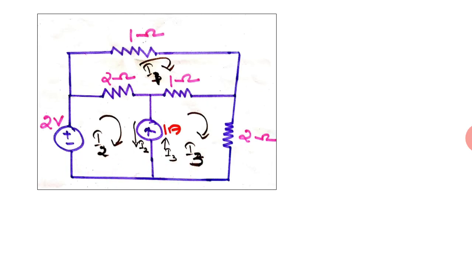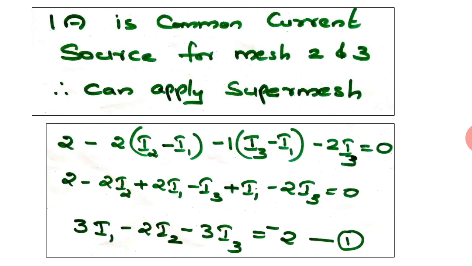So we can come to the equation, then it will be more clear. First we consider the super mesh. Super mesh means we assume there is no common current source, and then this 2 volt, 2 ohm, 1 ohm, 2 ohm, then this 2 volt. These two meshes we consider as one mesh, which is called a super mesh.